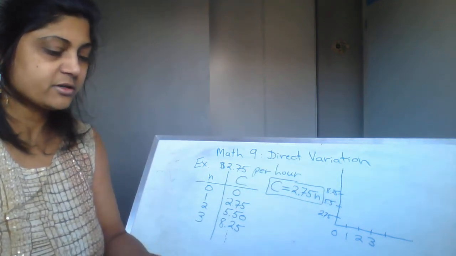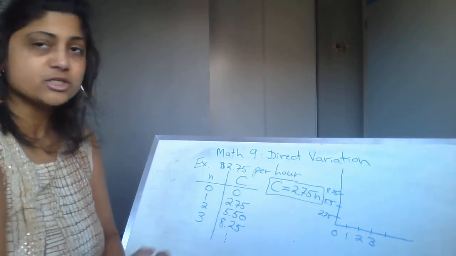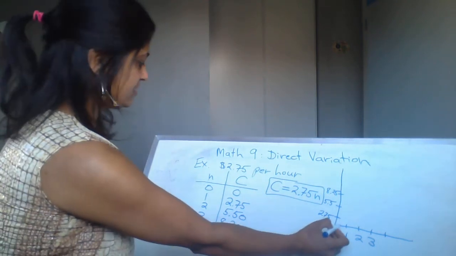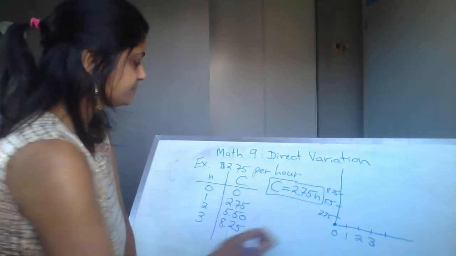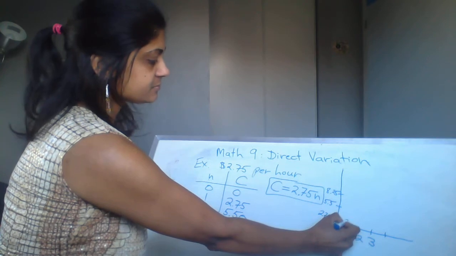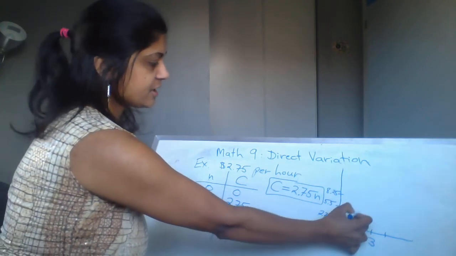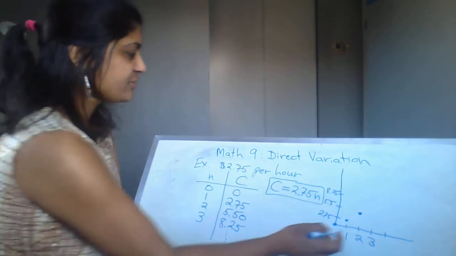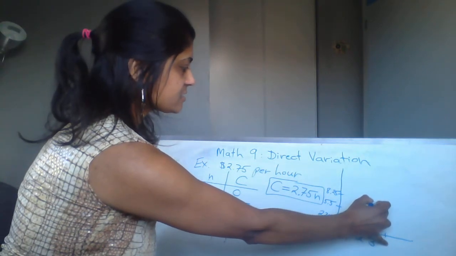All we're doing here is graphing out each of our coordinates to represent this variation graphically. So I know we started at 0, 0, and then 1 and 2.75, then 2 and 5.50, like this, and then 3 and 8.25.